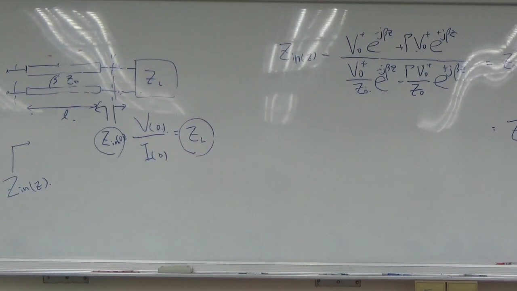So let's do that: exponential j theta plus ZL minus Z0 over ZL plus Z0 times exponential minus j theta, and I multiply by ZL plus Z0.